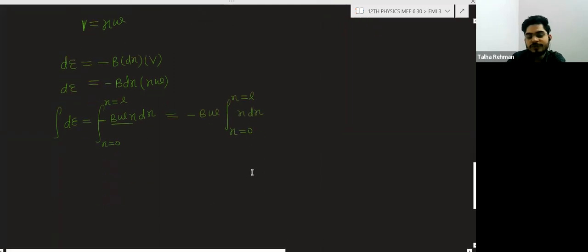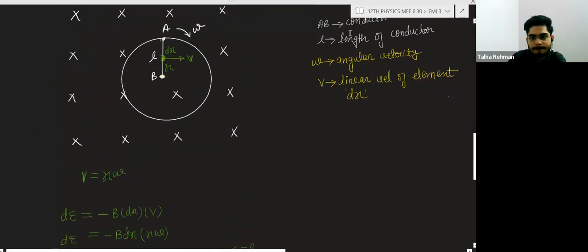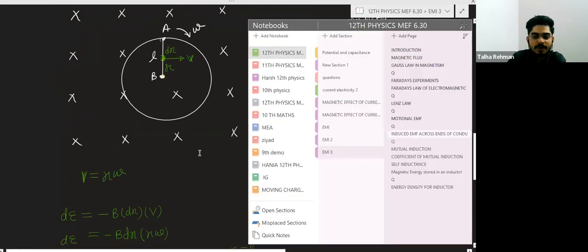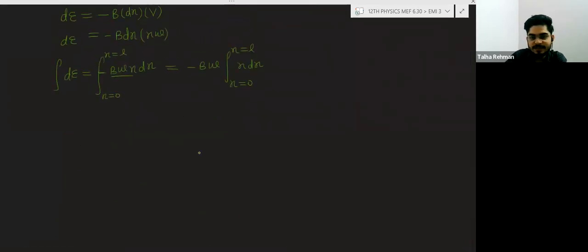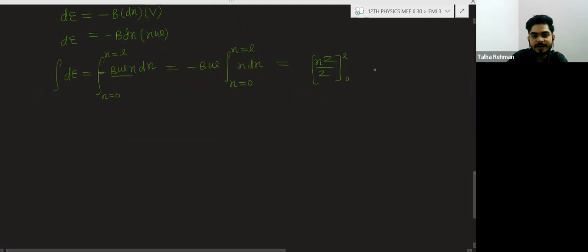The integration of x dx will be x square divided by 2, and you will apply the limit from 0 to L. And we have minus B omega also. So basically you will get the total EMF across the ends of the conductor.